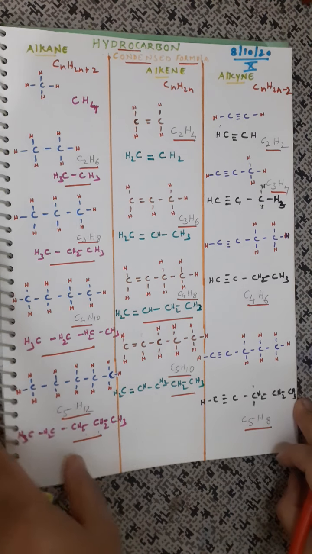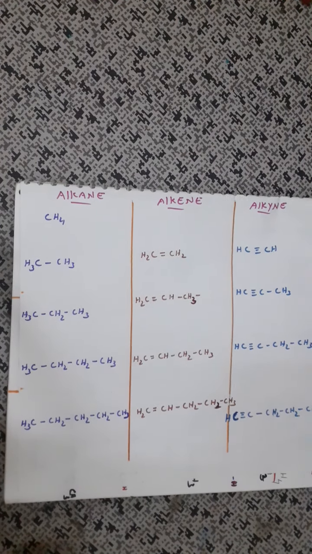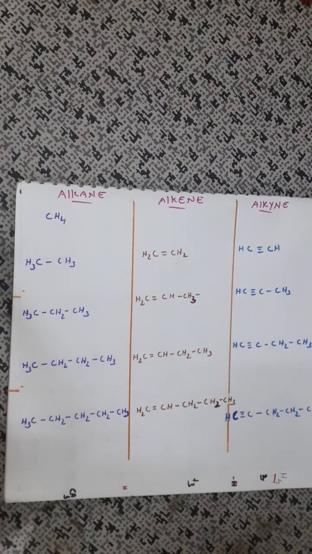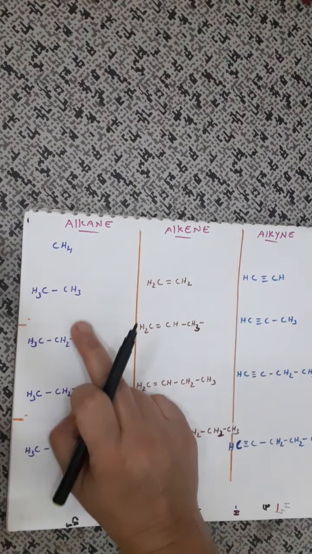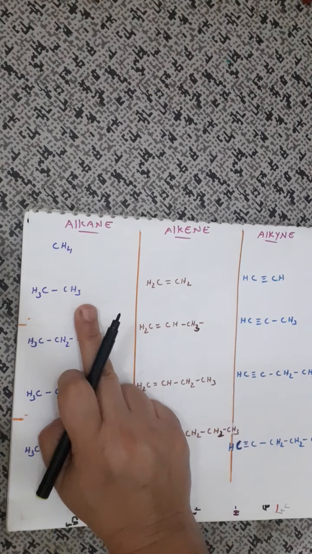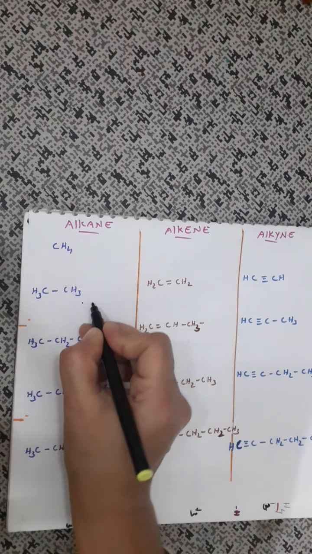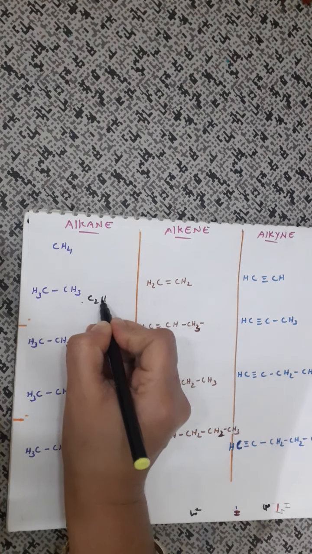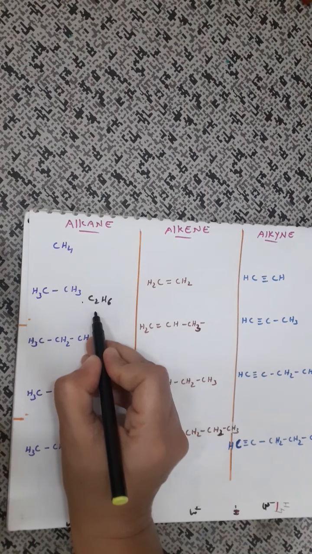Fine. So now let us discuss one more topic, and then we can wind up. Now observe this, children. What is the formula? CH4. Then what is the next compound? C2H6. What is this? Ethane.